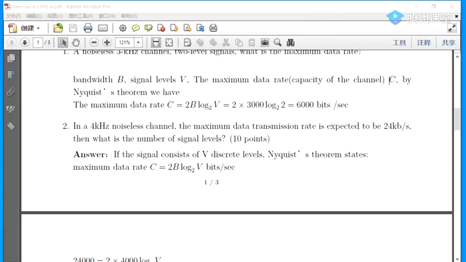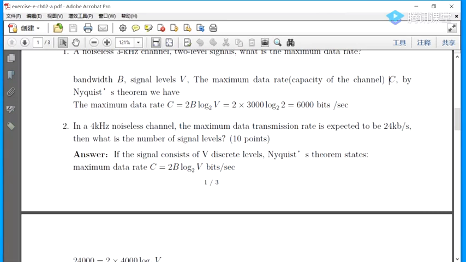If the signal consists of V discrete levels, Nyquist's theorem gives the maximum data rate C equals 2B log 2V.